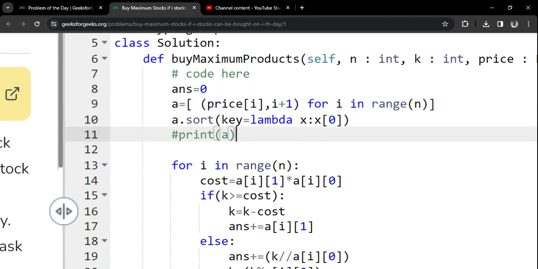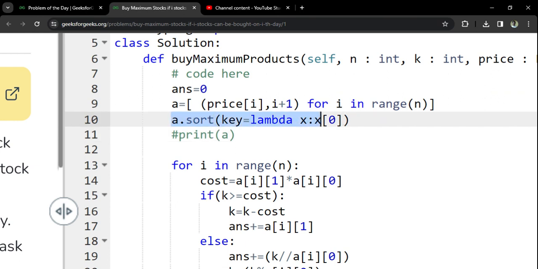Next comes the sorting part, and please note this part down somewhere, because these are very important things while you are doing online assessments or even coding interviews. We are passing a separate key to the sorting function. What we are doing is, for every x, take x of 0 for deciding the position after the sorting.